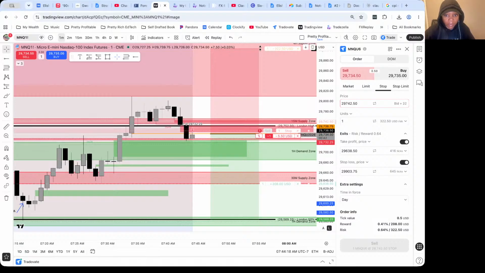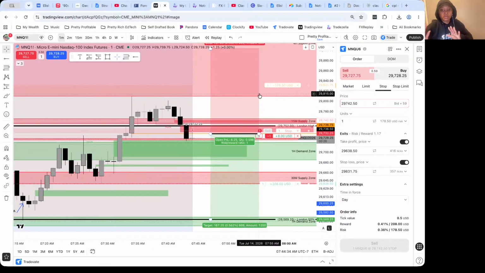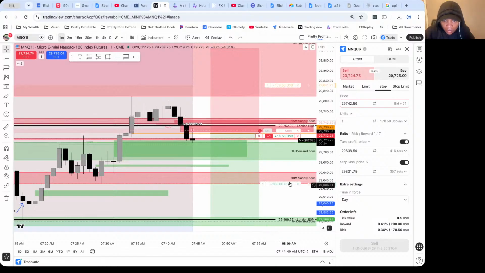Bring my stop down. So I am learning that they say you need to trail the stop. Let's bring this down. Okay, yeah, I think I'm getting a little bit better at that.